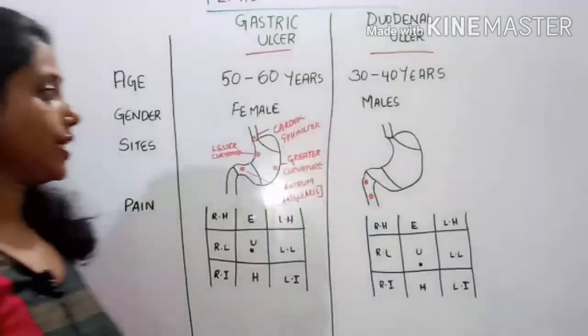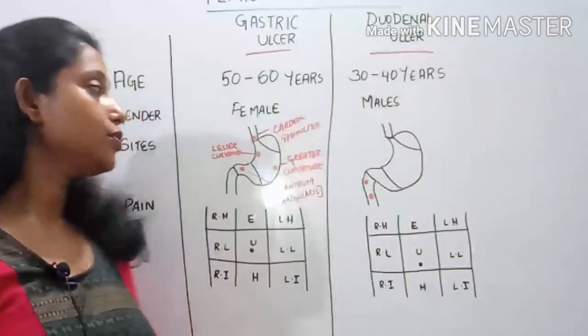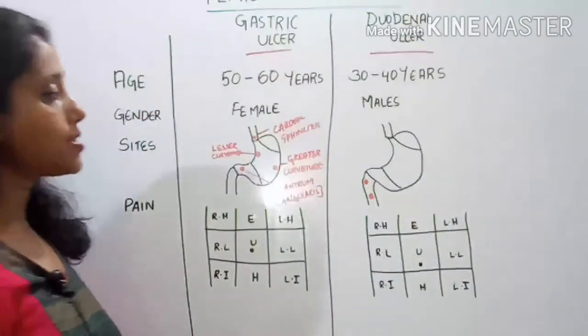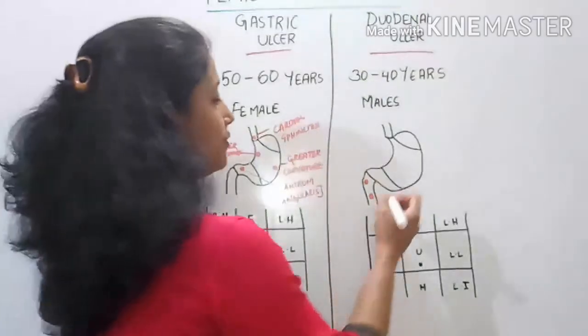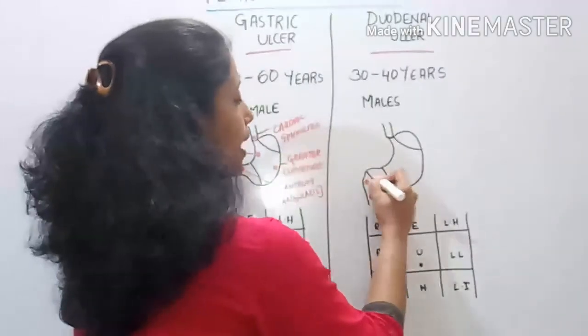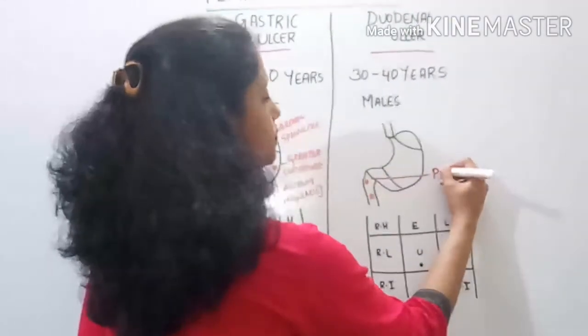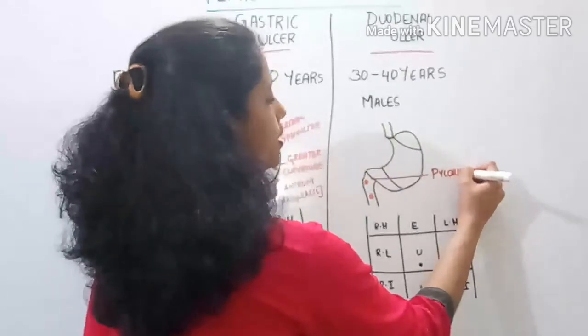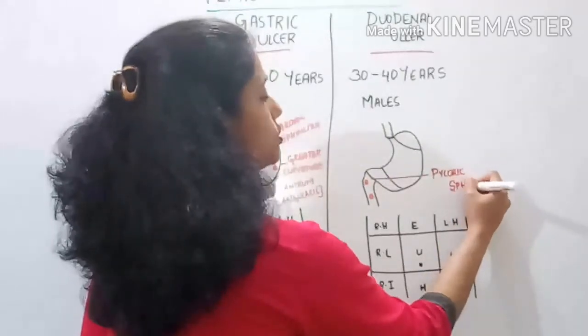What about duodenal ulcer? In duodenal ulcer, usually you can find an ulcer on the duodenum, specifically near the pyloric sphincter. This is the pyloric sphincter.